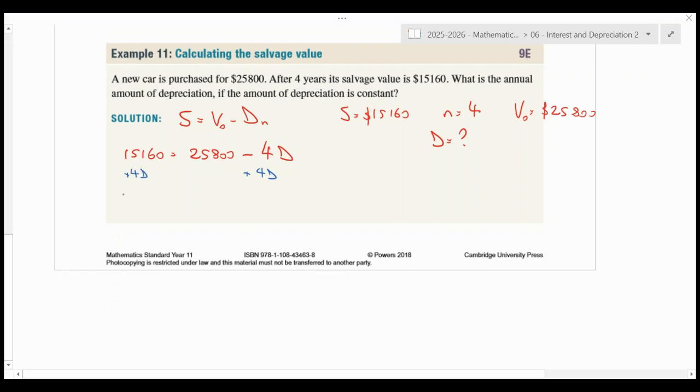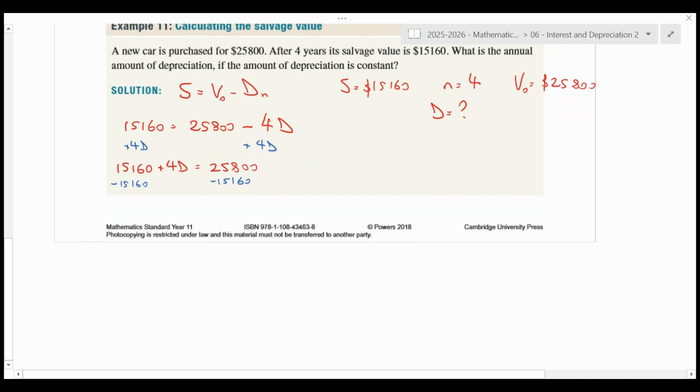So if I do that, I end up with 15,160 plus 4D equals 25,800. Next, I'm going to get rid of the 15,160.